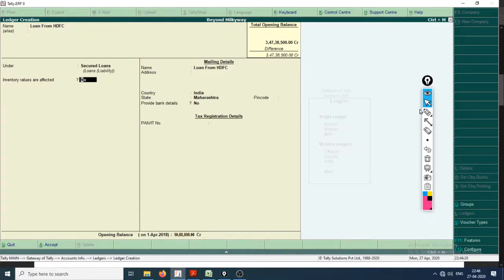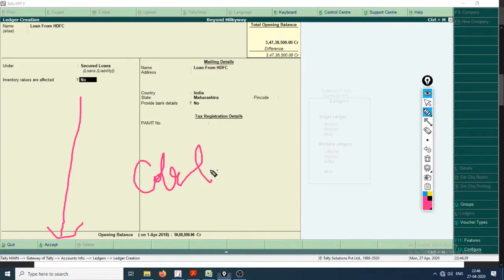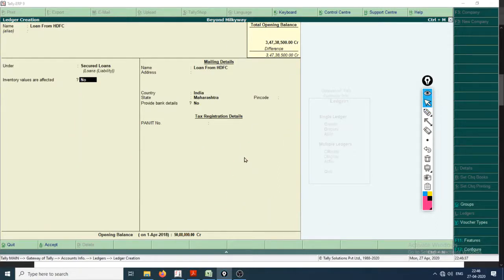So now we can just click on accept, or you can press Control plus A because we have already filled all those entries right here. Okay, Control A. It is done now.